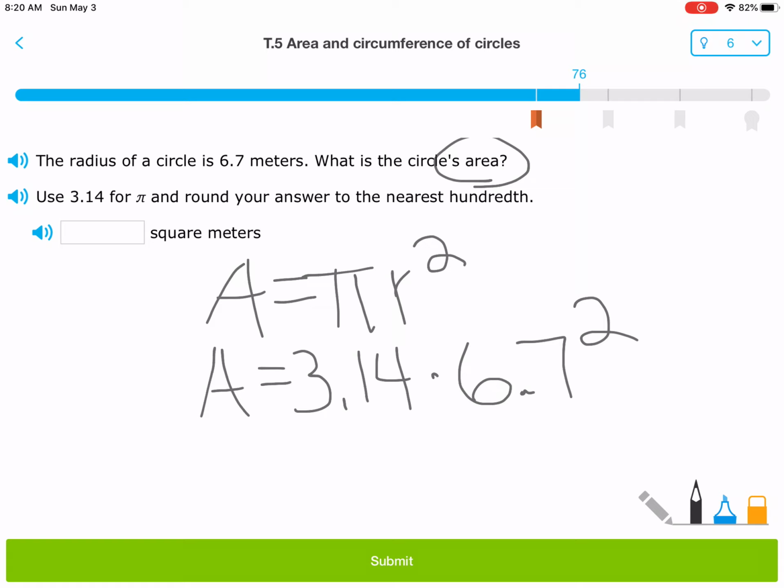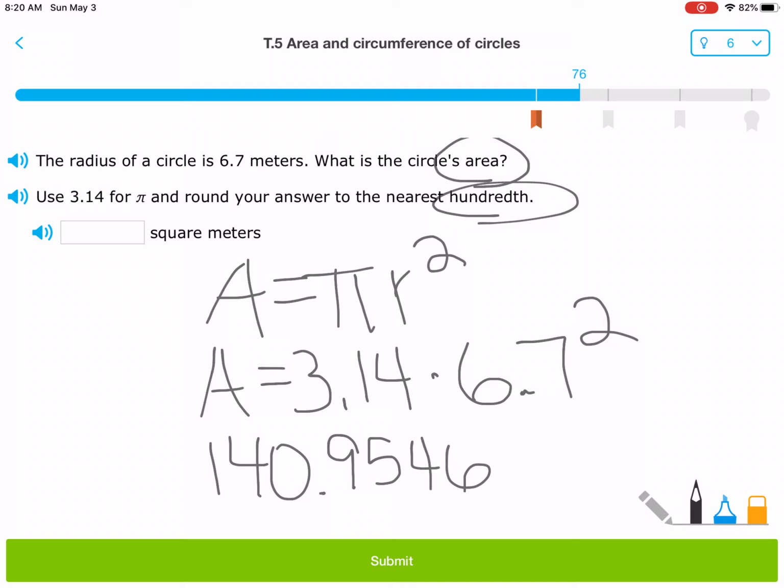I am using a calculator. So it says round to the nearest hundredth. So I got 140.9546. The hundredth place value is right here. The 4 behind it is lower than 5, so you would drop everything off.